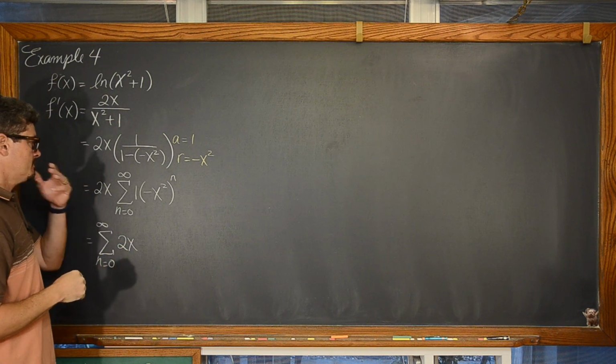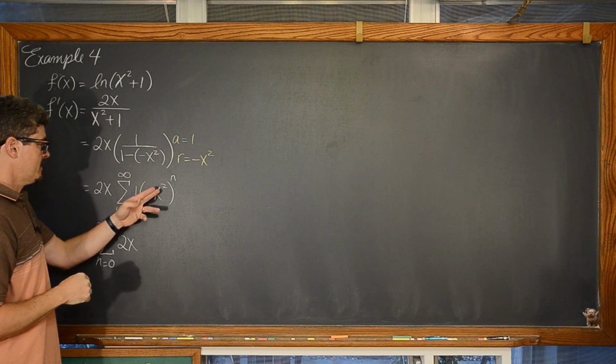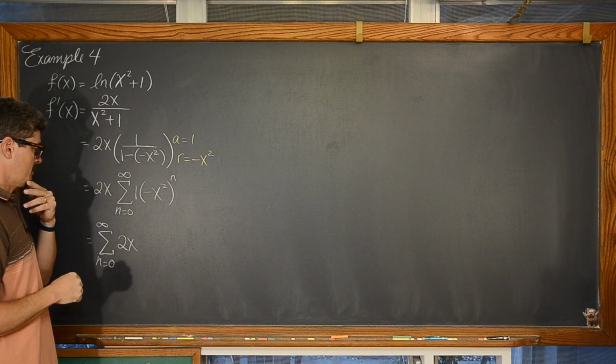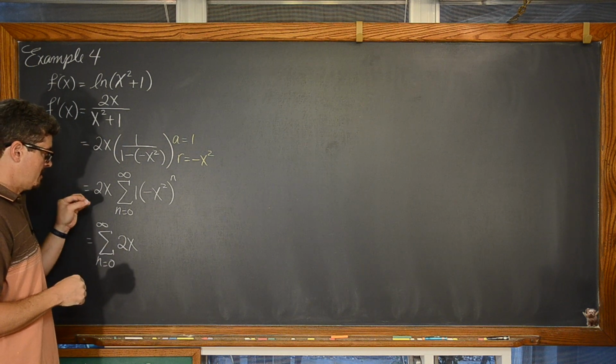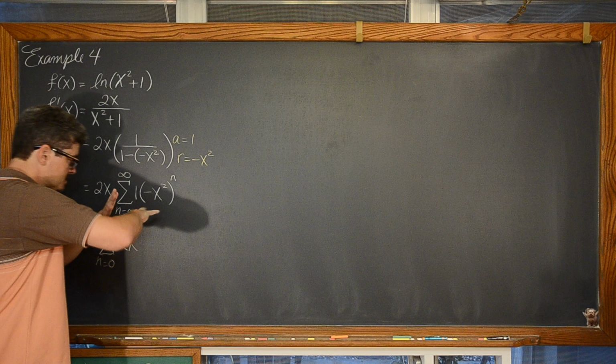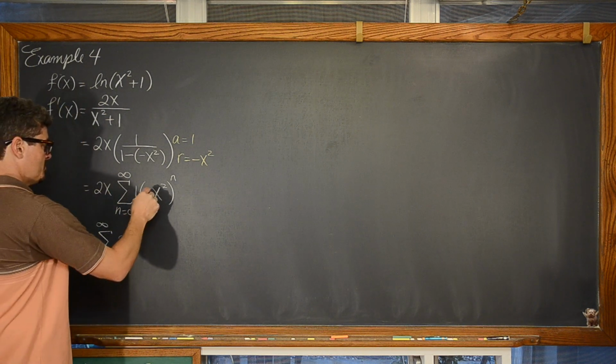And here we got something going on. We got negative x squared to the n power. Because I want to have a constant first term and then something to an n power, we're going to need to pull this apart a little bit.